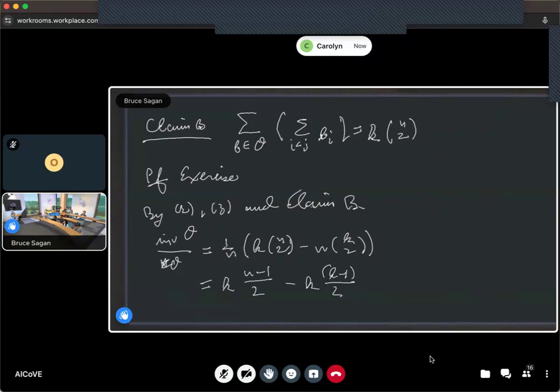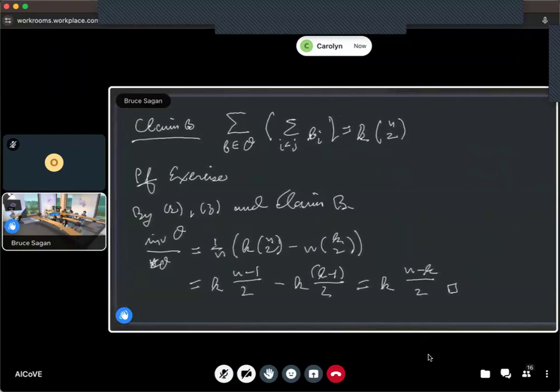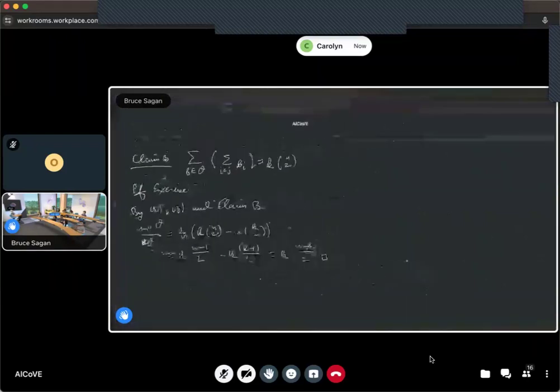What's common to both? k. And if you factor out the k and take the difference, that gives me k times n minus k over 2, which is what we wanted. Amazing, but true. Okay, any questions? Okay, excellent. Very good.